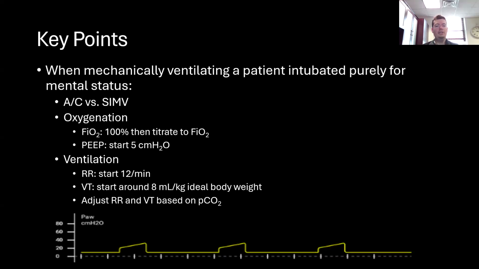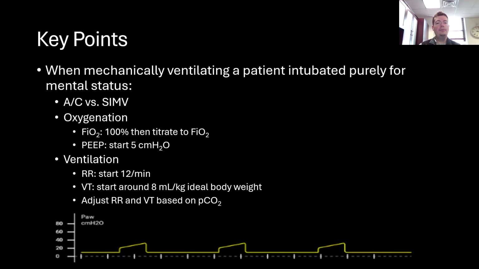For oxygenation, start them with 100% FiO2 and PEEP of 5, and then once you've recovered from that immediate post-intubation period, you can start weaning down your FiO2. And you can go up on your PEEP some too, especially if it's going to help you decrease your FiO2 more. And then for ventilation, you can probably start at a rate around 12 and a tidal volume at around 8 ml per kg of ideal body weight. And then you can just titrate this based on your monitoring of the patient.